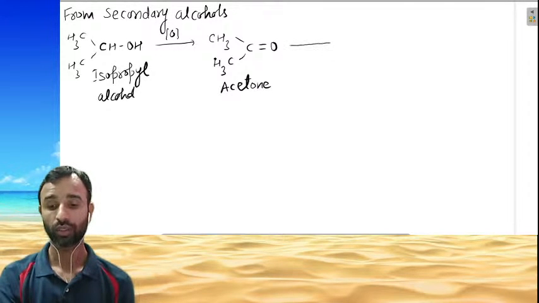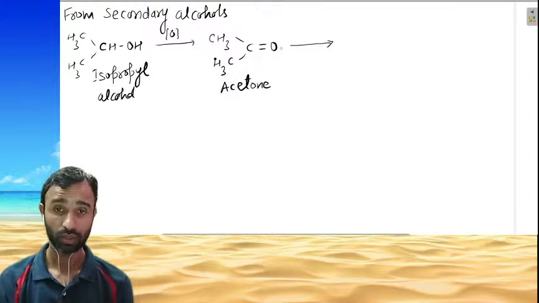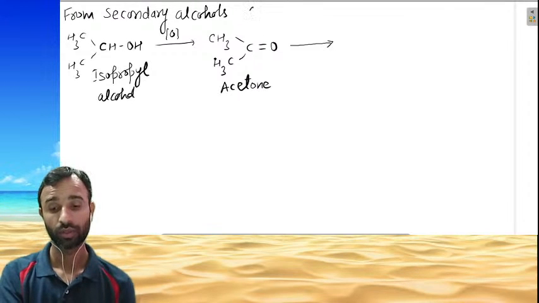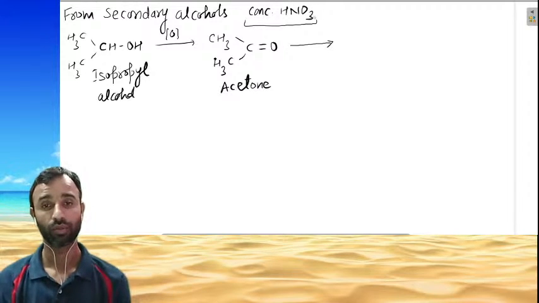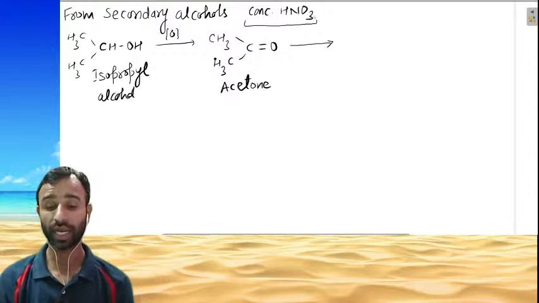Now to oxidize a ketone is a very difficult task. So we use concentrated nitric acid. Concentrated nitric acid can lead to the breaking of the carbon-carbon bond.